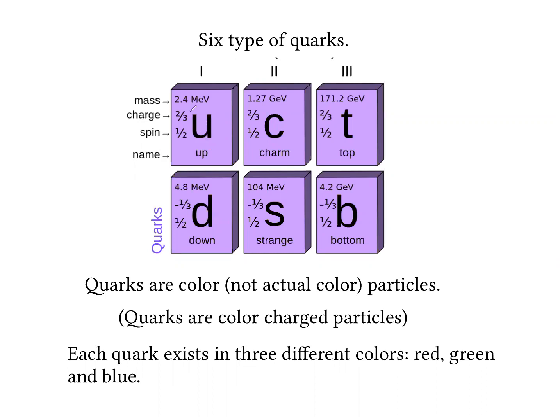The up quark is the lightest quark, and after that down, and they become heavier and heavier. Up has a mass of about 2.4 MeV, charge 2/3, and spin one half. Similarly, down has charge -1/3, spin half, and so on. So, six quarks.